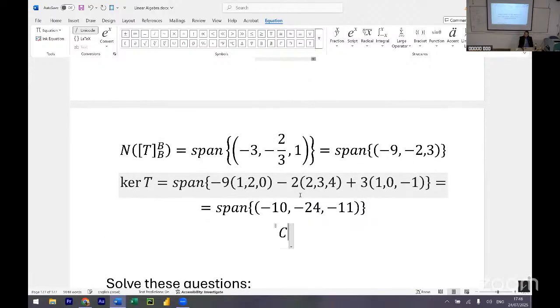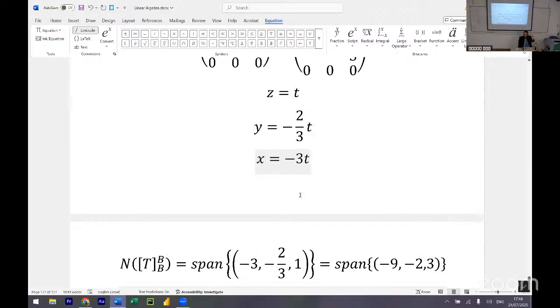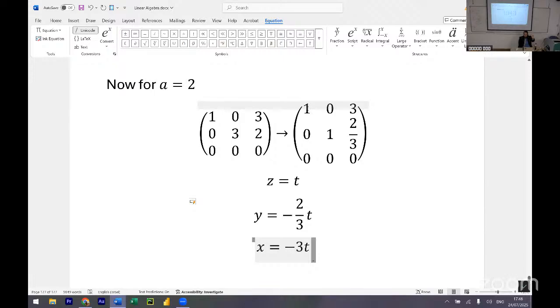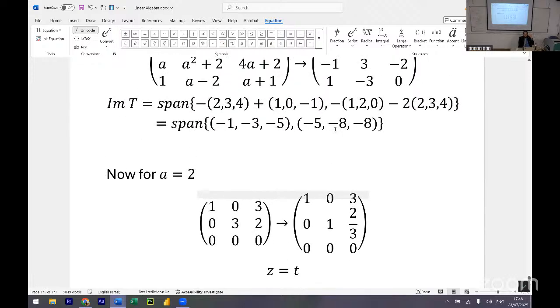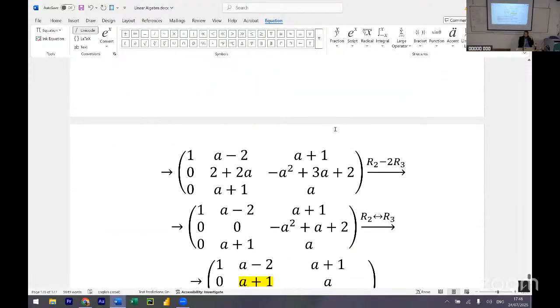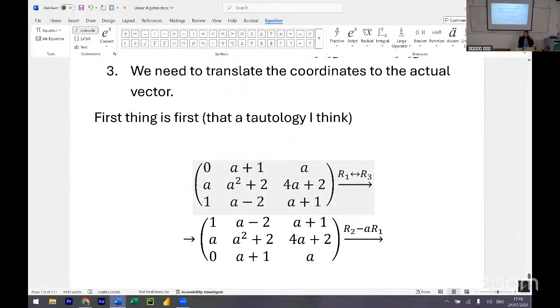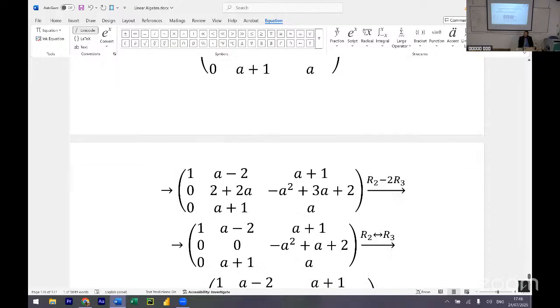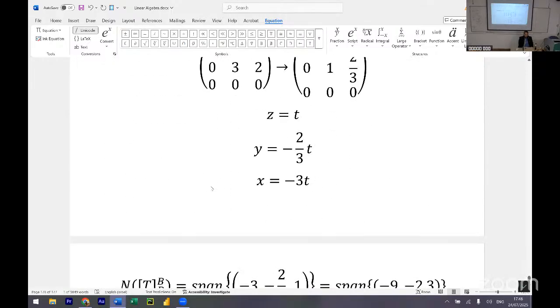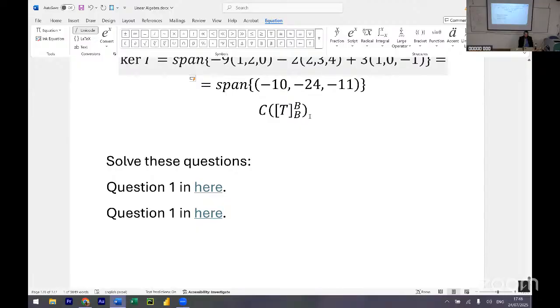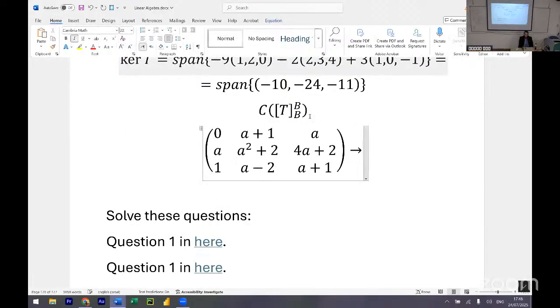Now for the column space of the matrix. So the column space here is the span of the 2 original column vectors of the matrix. Why? First 2, because the pivots are in the first 2. So I go to the original matrix, plug in 2, and then take the first 2 columns.